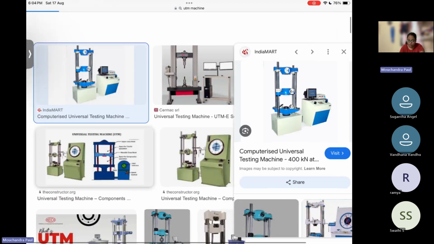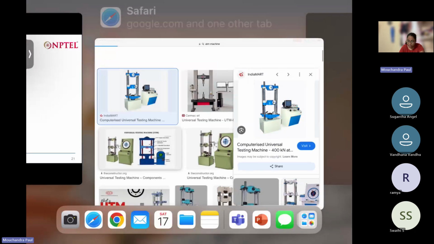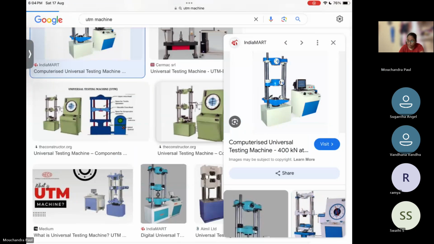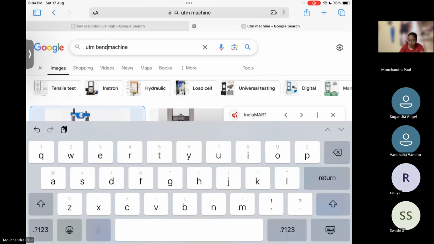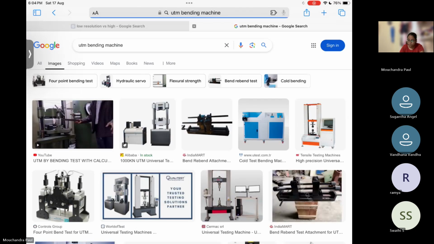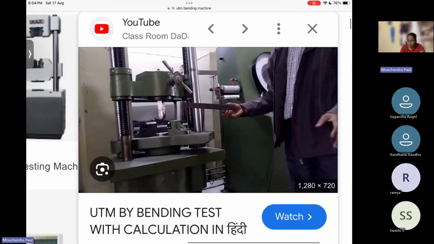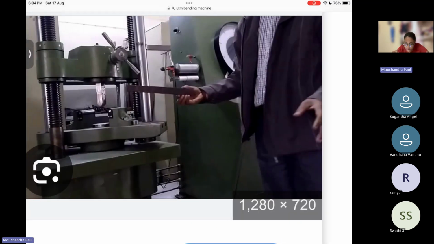Then you can also use this machine for, so let me show you. Here, the sample is at the bottom and load is applied at the center so that the horizontal sample piece bends.